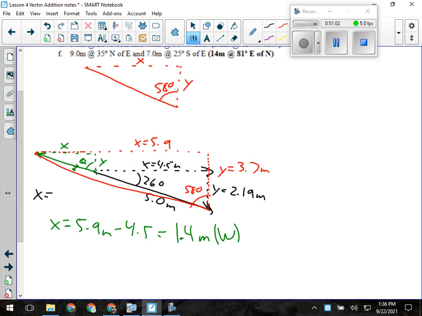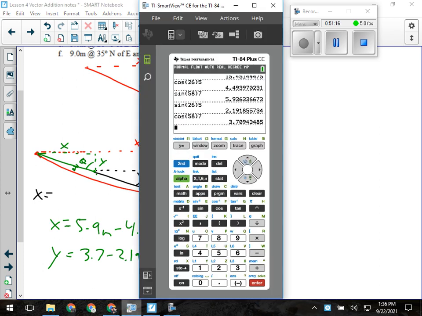And my y component, the first one goes south 2.19 meters, then I come back north 3.7 meters, so I'm just going to go 3.7 minus 2.19. And actually get my real numbers here. 5.9 minus 4.5, so that got us the 1.4.